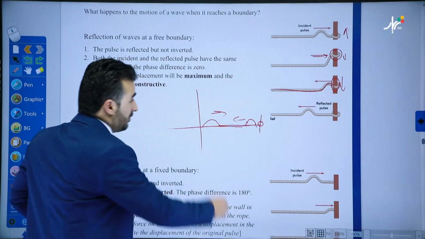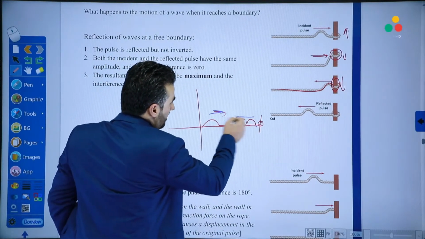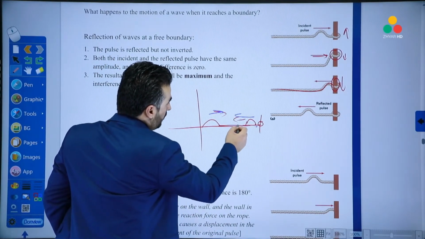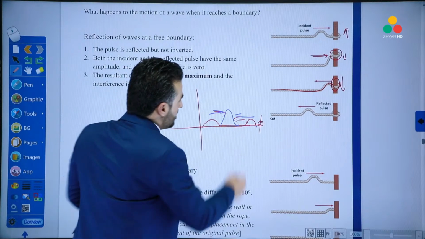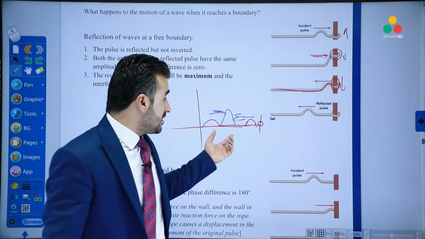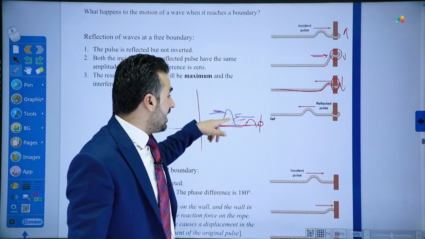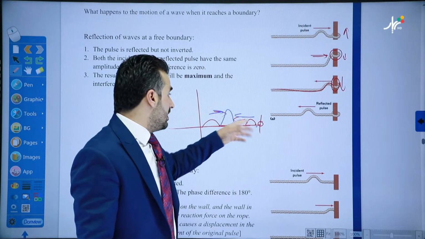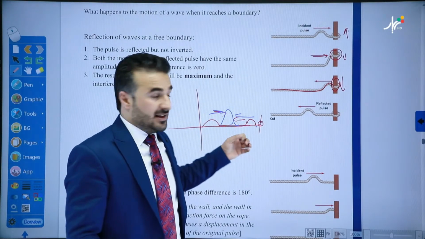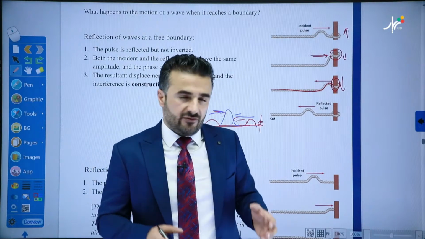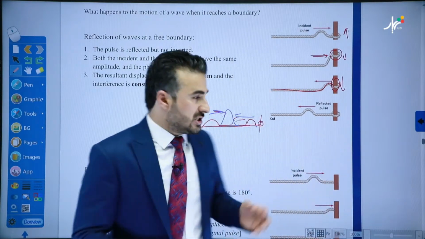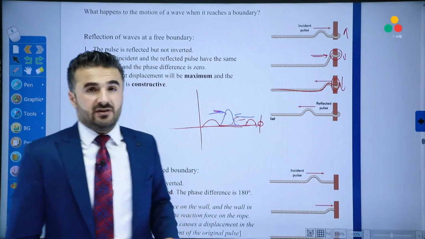So what do you think will happen when these two waves meet at the same point here? Of course we'll get a resultant wave, and this resultant will be the combination of these two. These two will be added, and we get a wave that has both of these two individual displacements. The result of this is going to be a constructive interference. Why?